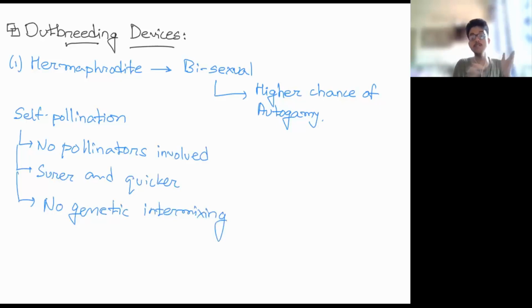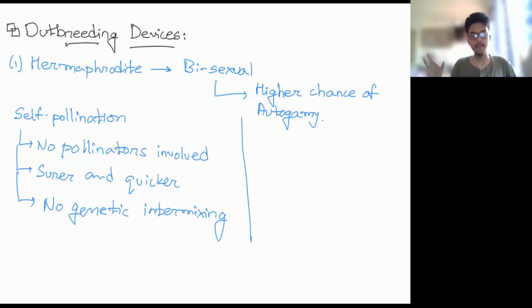In cross-pollination, pollinators are involved. We have studied that in detail. The pollinators include air, water, birds, insects, bats, snakes, snails. I covered that. It is also not a surer process, because whenever there is a third party involved in any process, its surety decreases.